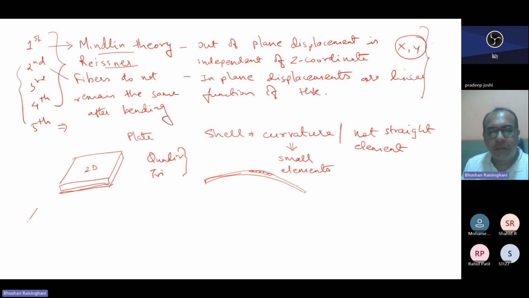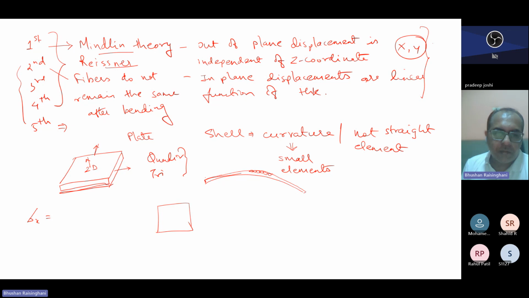For this, if we remember sigma x, what we had taken was for the principal stress, and there is a normal stress. So this is the x, this is, let's say, y, and this is the z that we had taken previously.